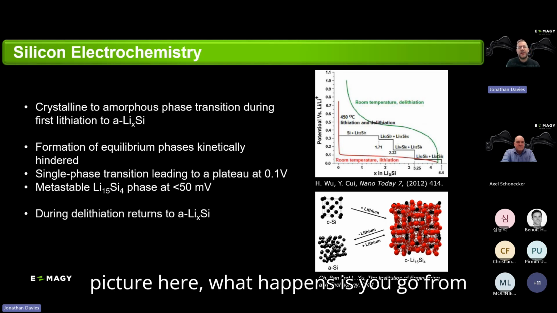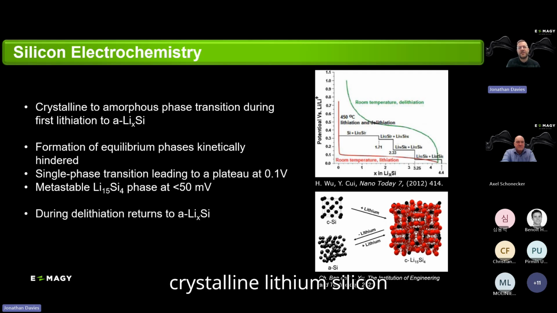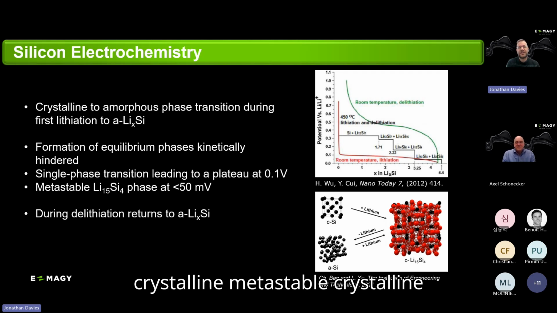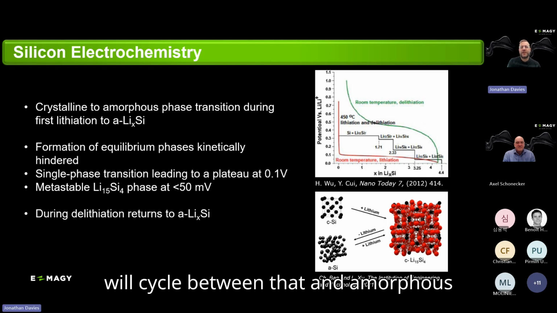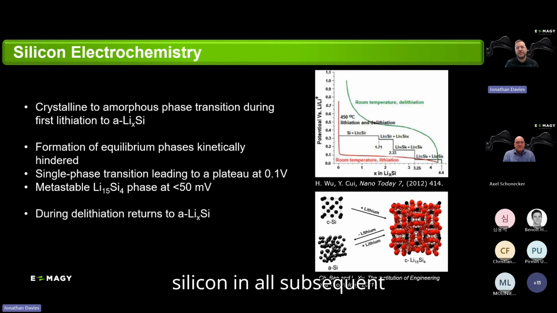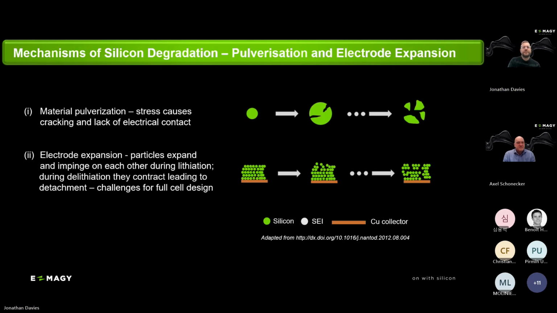As you see in the bottom picture here, what happens is you go from crystalline silicon, lithiated to this metastable crystalline Li15Si4 in the first lithiation, and then you will cycle between that and amorphous silicon in all subsequent cycles.